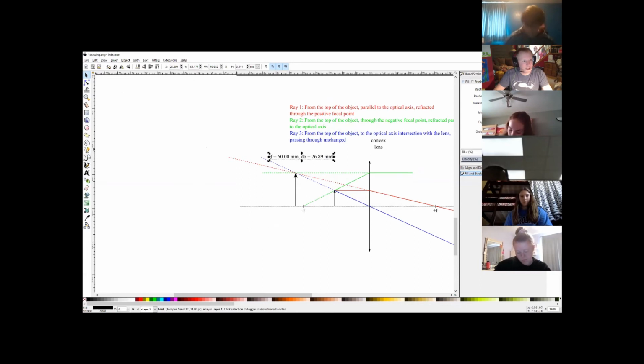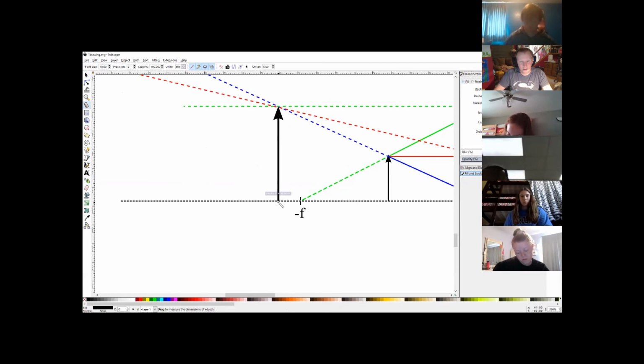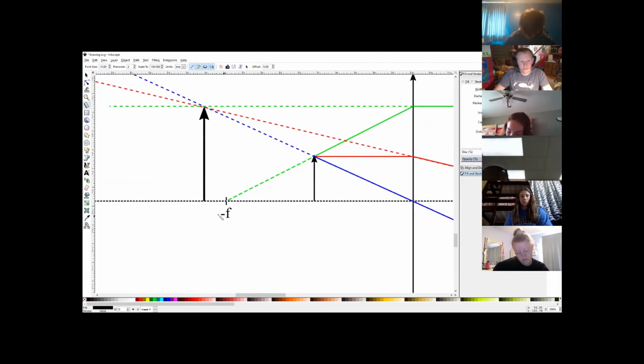So I'm going to measure this one once more, where our image goes. Shoot. Looks like 55.93 millimeters.